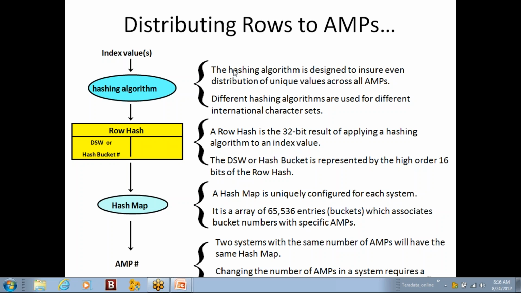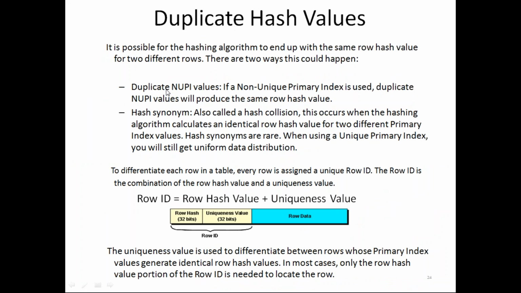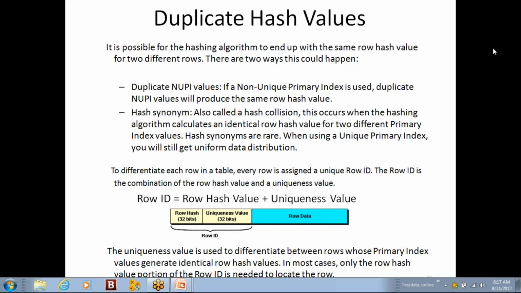So you will get duplicate hash values generated. The duplicate NUPI values. Whenever we have a non-unique primary index with duplicate index values in it, the hash algorithm would generate the same row hash values. Those are called duplicate NUPI values.